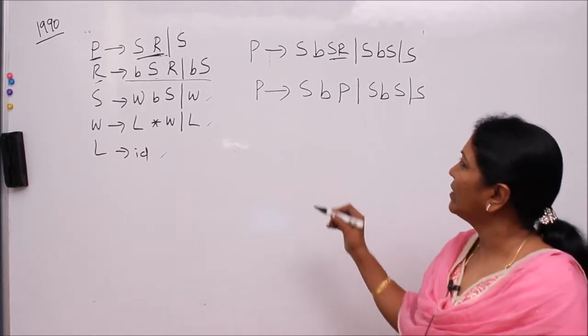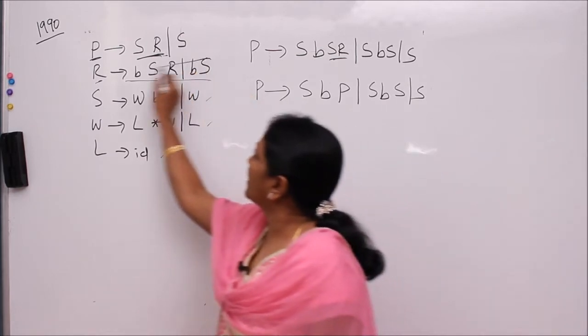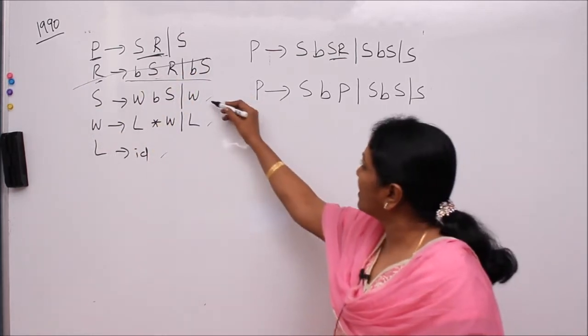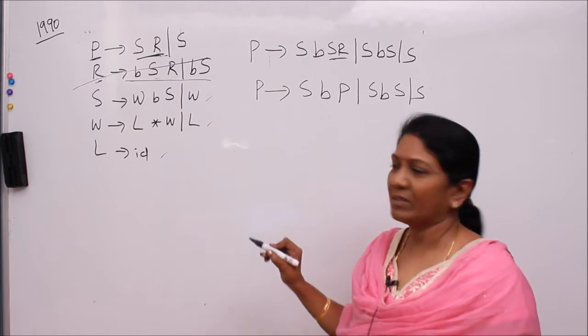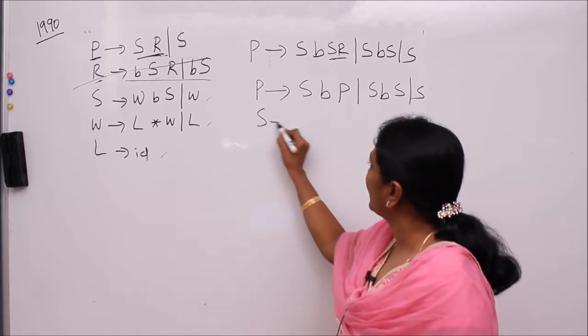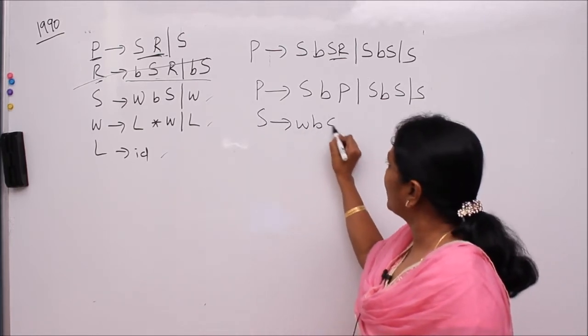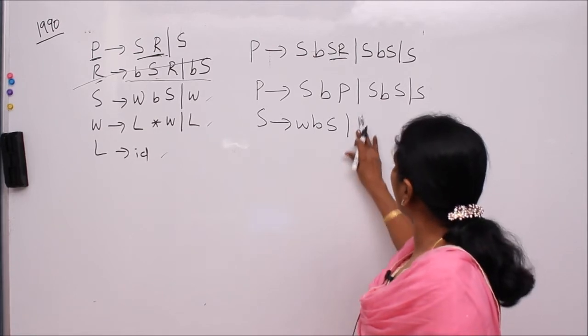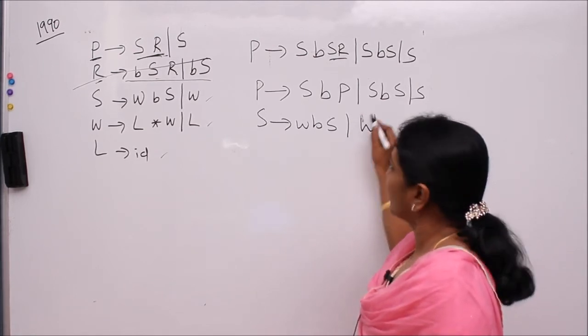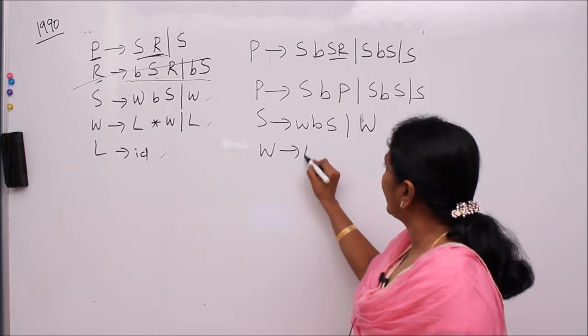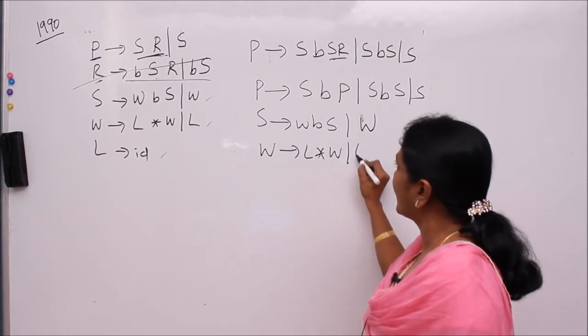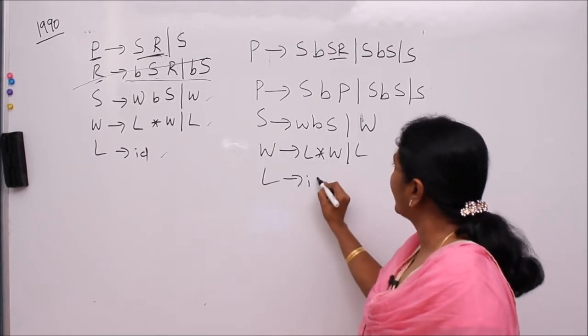Then what happens? You don't require R at all in that case, whereas the remaining three can be as they are. So look at the resulting grammar. S → W BS R W. W can be L star W or L. L → ID.